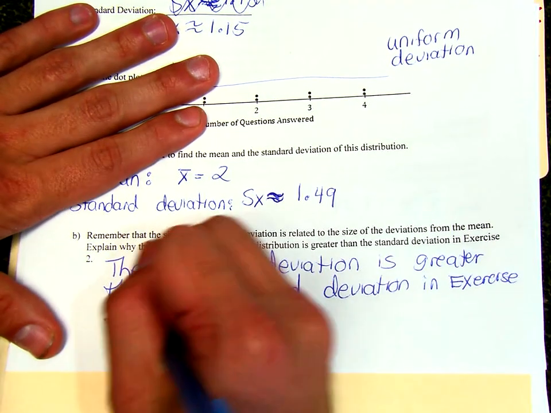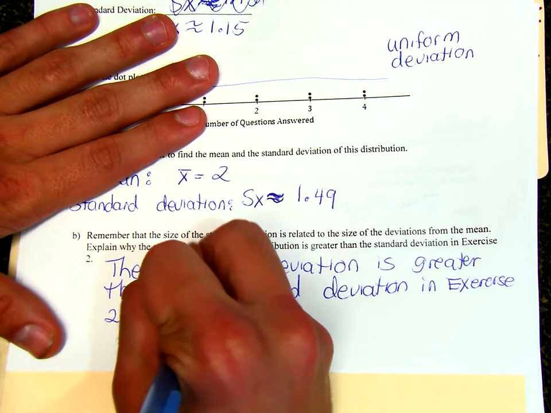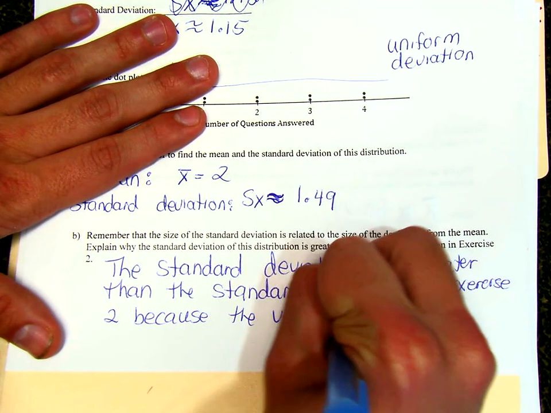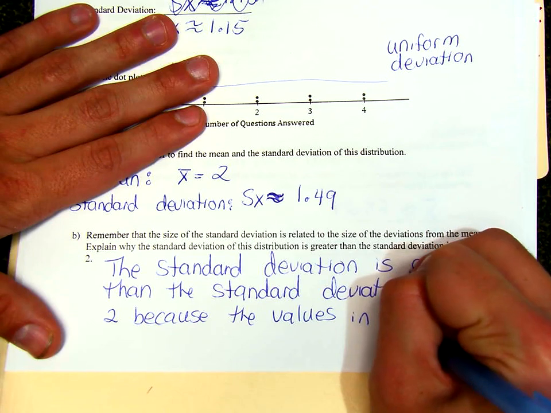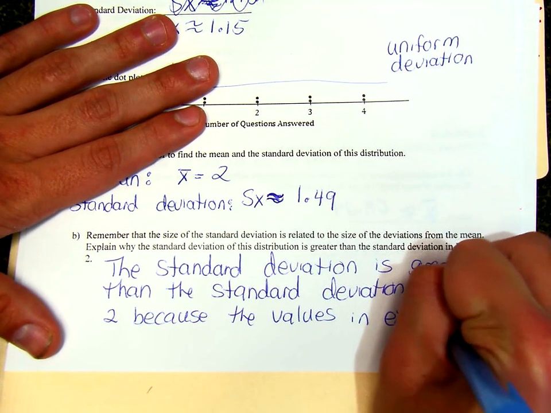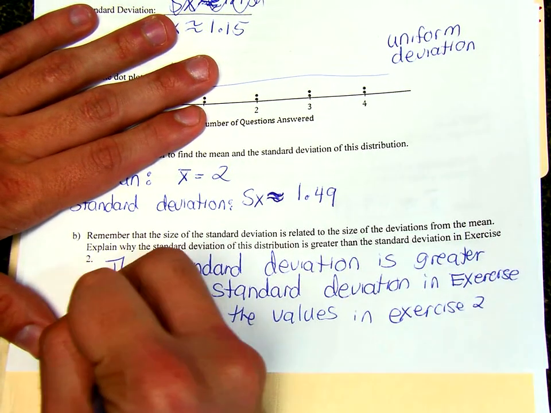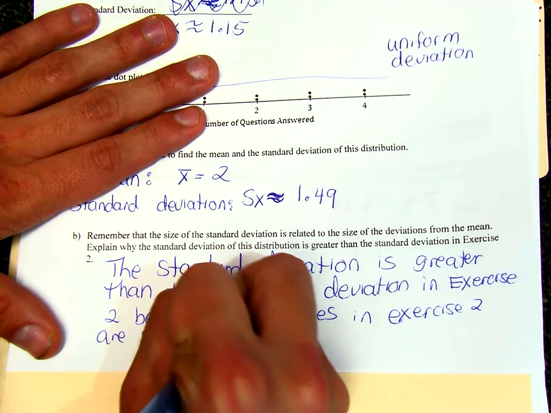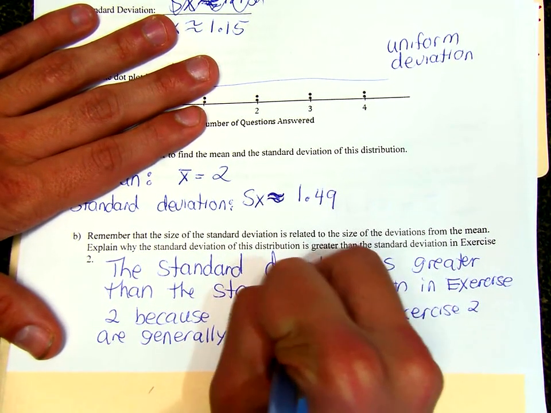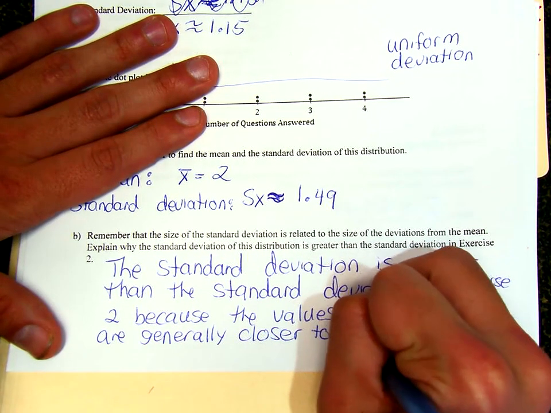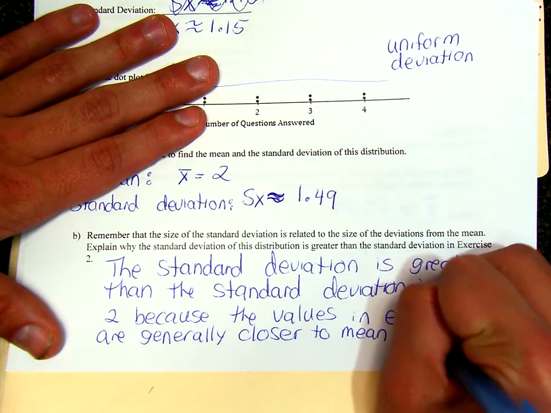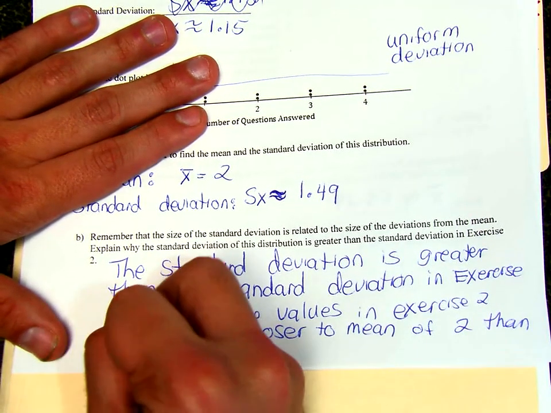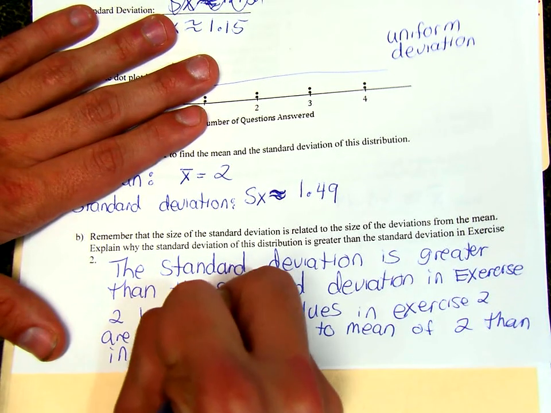because the values in exercise 2 are generally closer to the mean of 2 than in exercise 3.